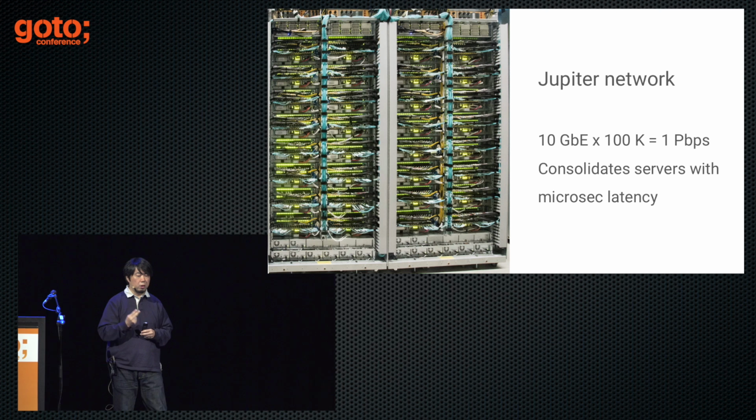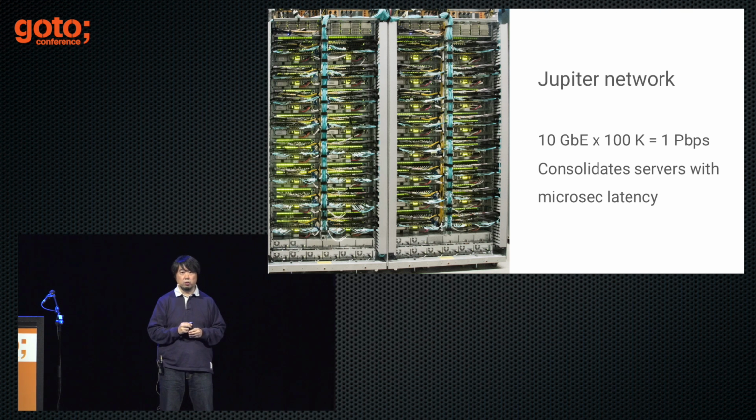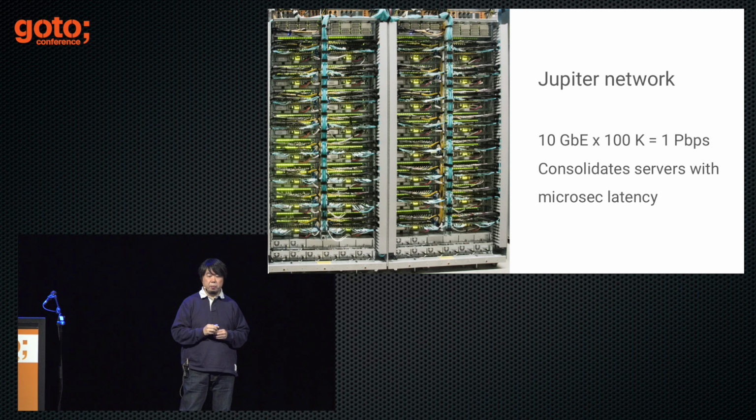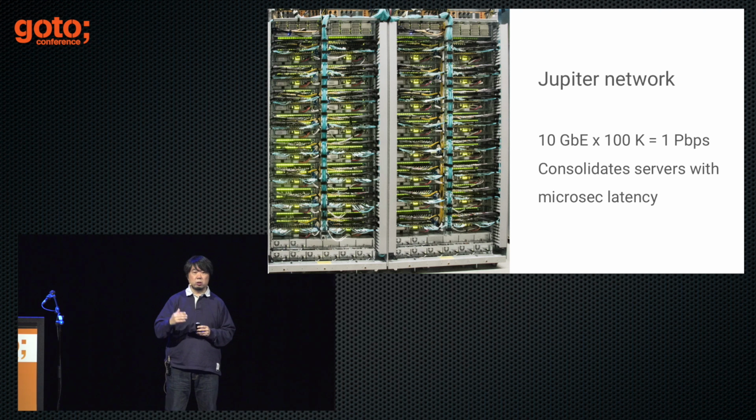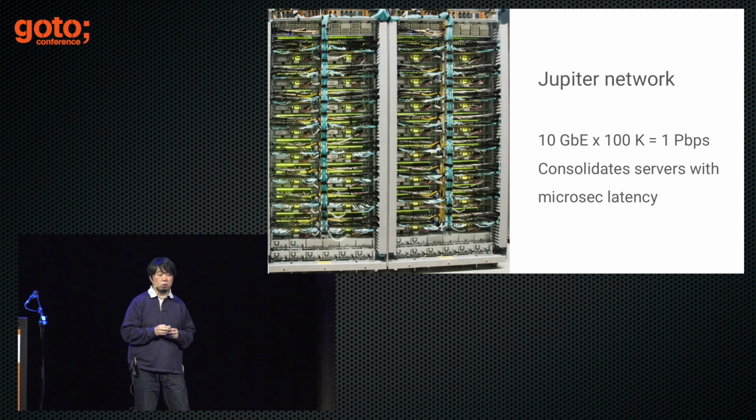There are two basic, very fundamental technologies inside Google that support the data center as a computer. One is the network. We have been building our own hardware for the network switch fabric, that is called Jupiter Networks. So we are not using commercial network switches for most cases, such as Cisco or Juniper routers.